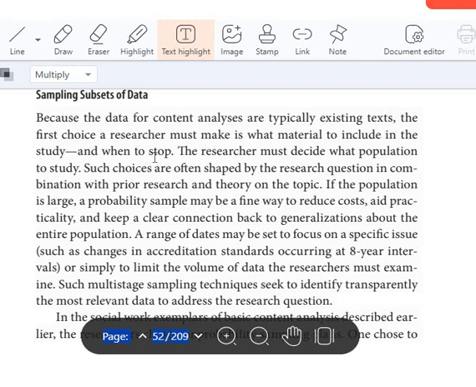But we should understand that the probability sampling methods are the best because of the ability of generalizing the results. If the population is large, a probability sample may be a fine way to reduce costs, aid practicality, and keep a clear connection back to generalizations about the entire population.